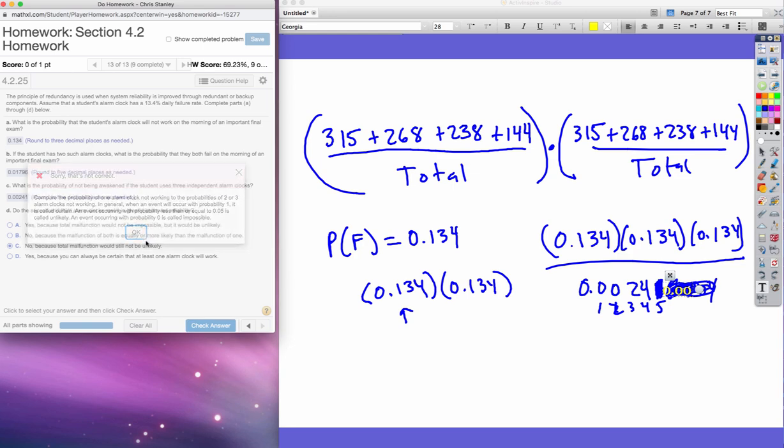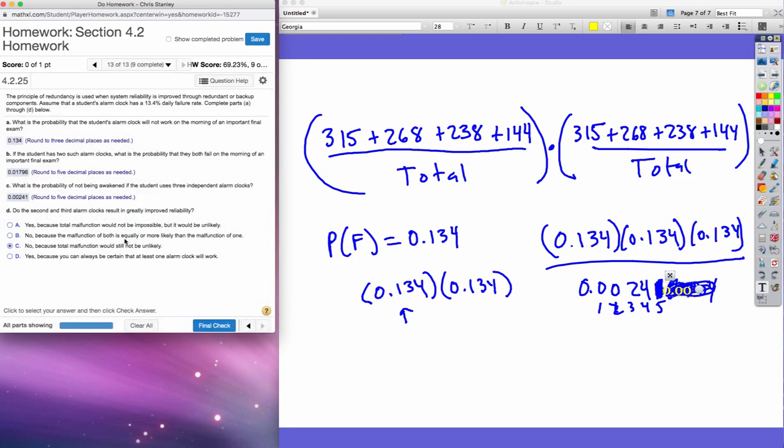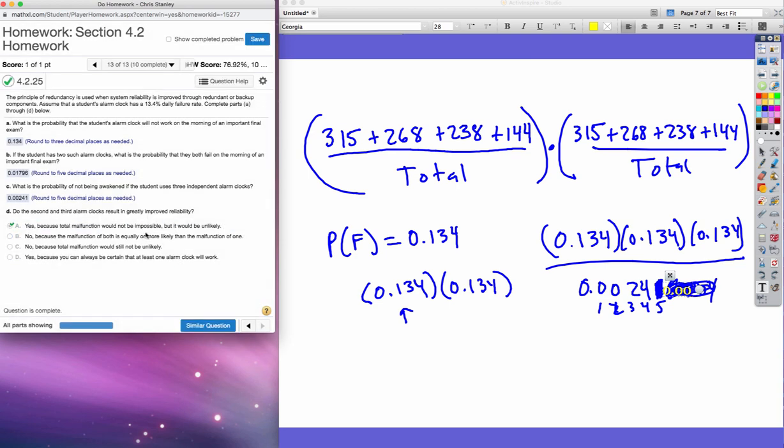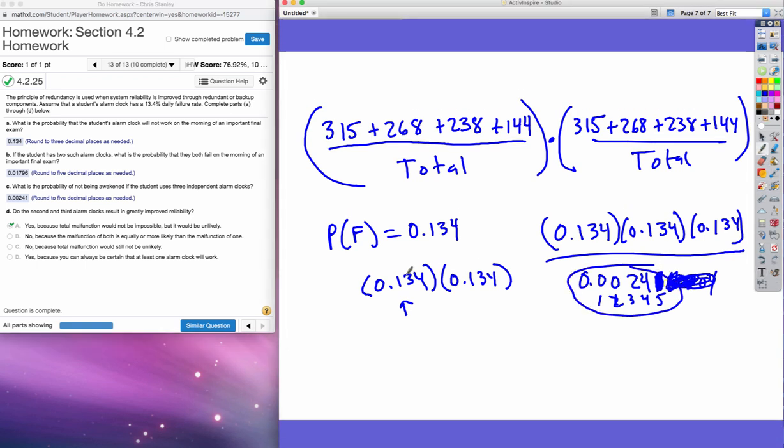It might be wrong, but it would not be impossible, but it would be unlikely. So what they're saying is if you look at this result compared to whatever this was, this is somewhere in the 2% range, where this is like the 2 in 1,000 range.